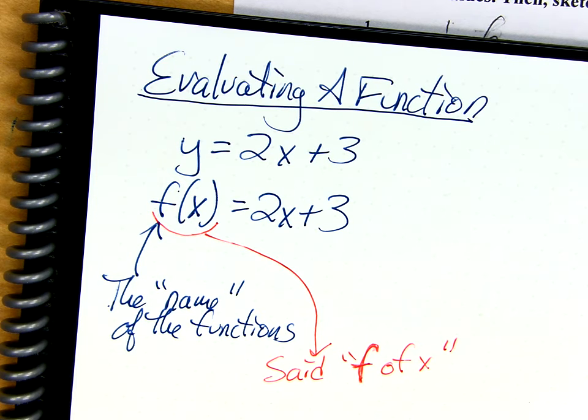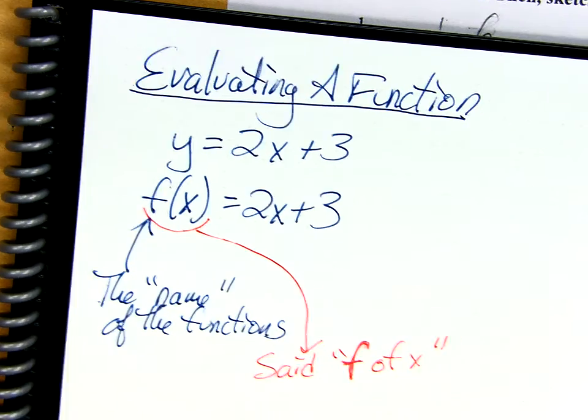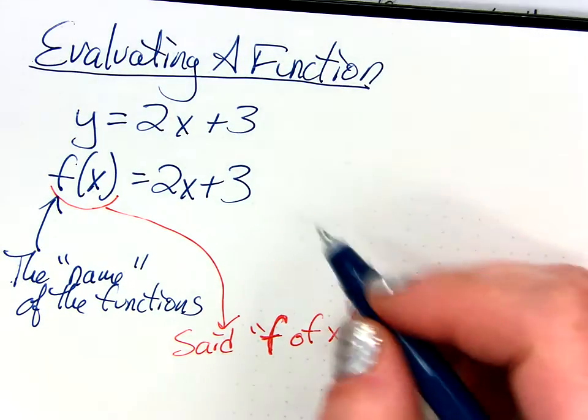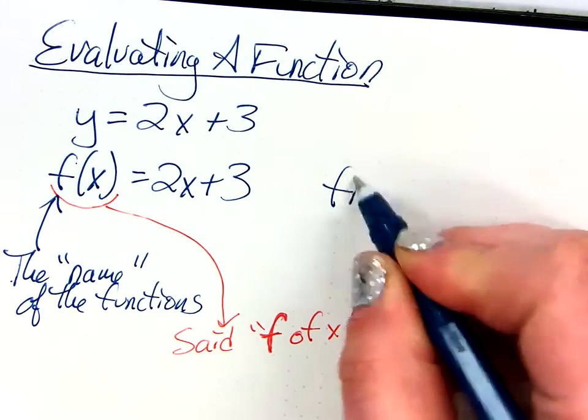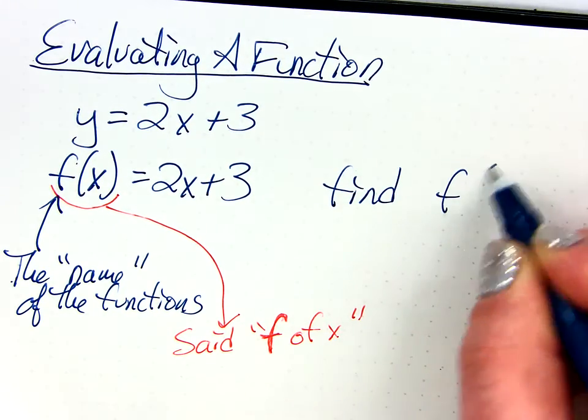Now here's what's so cool about this. I can take the function and let's say I wanted to know, what's the value of that function when x is 7? Or when x is 3? Or when x is 9? I can very easily find that answer. So let's say I wanted to find f of 7.